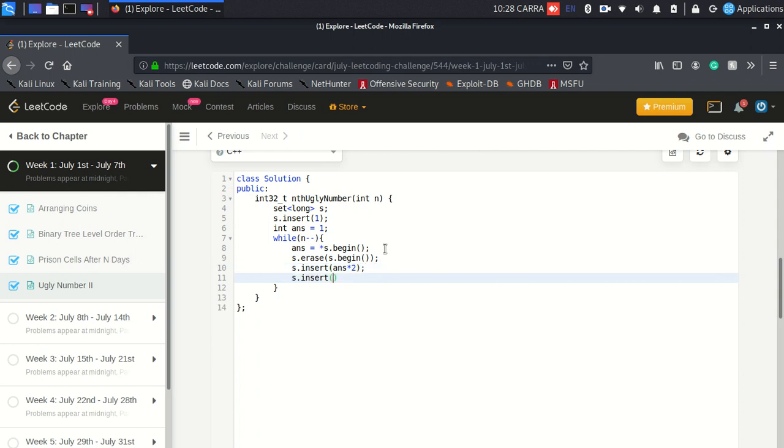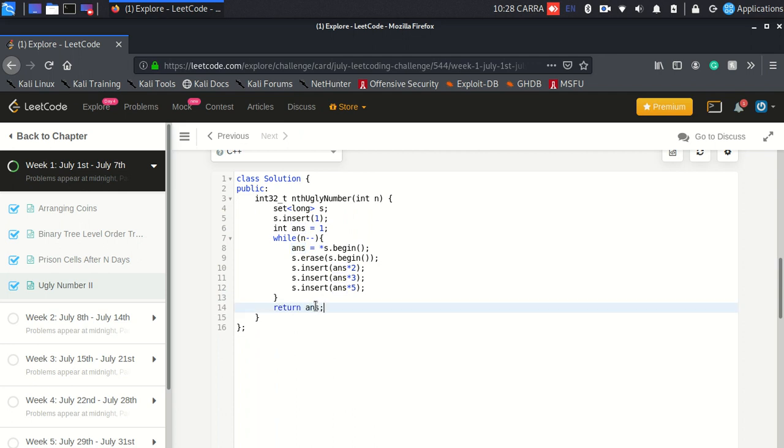I would insert answer into 3 as my ugly number, and insert answer into 5 as my ugly number, and I would repeat all this until n runs out. Basically I keep adding ugly numbers into the set, and keep updating my answer to the first element of the set n times, so that at last whatever is in the variable answer is the nth ugly number.